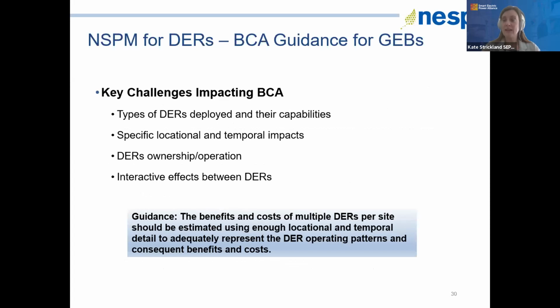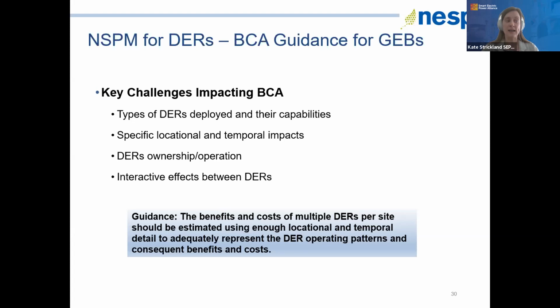So additionally, as Julie mentioned, there are key challenges impacting benefit cost analysis for GEBs. As I mentioned previously, the types of DERs deployed and their capabilities, the specific locational and temporal impacts at play.